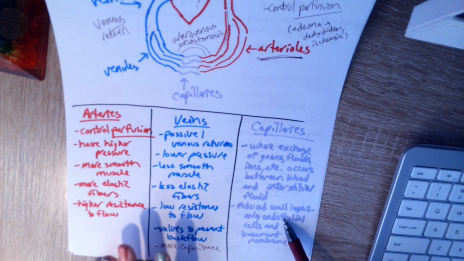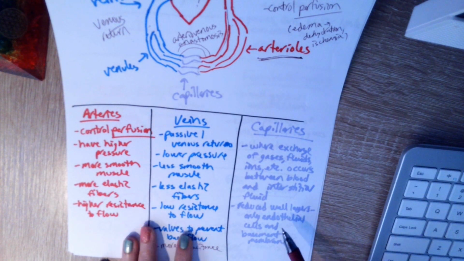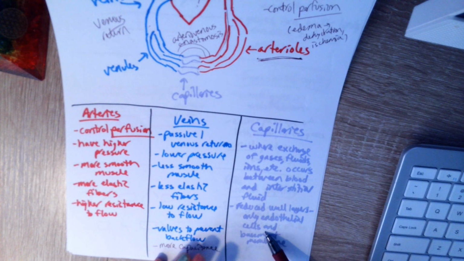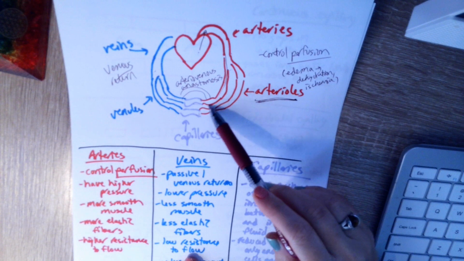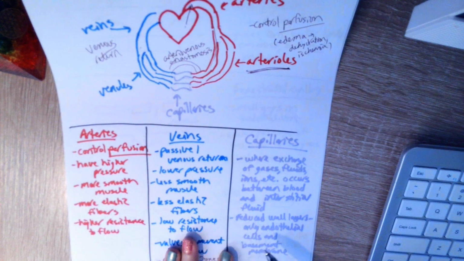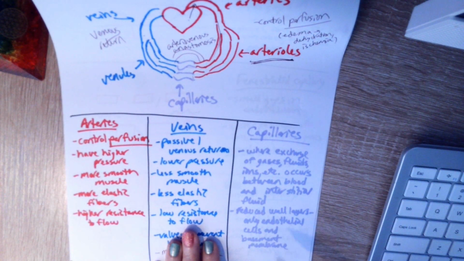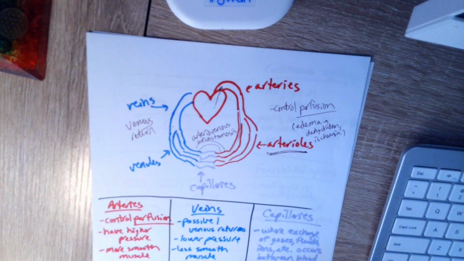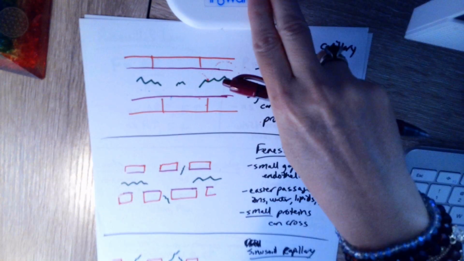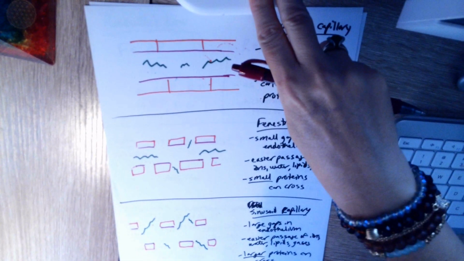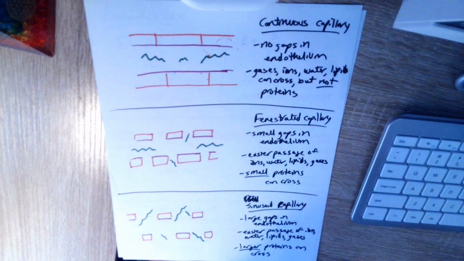If you have a big vessel, you need thicker, stronger walls. And the smaller the vessel, the less developed the wall. The walls will start to decrease as you go farther out, and as you get to the capillaries, it's pretty much down to just endothelial cells and a basement membrane. So really, really thin walls, which allow for easy diffusion of various substances out of the blood. So water, ions, things like that.